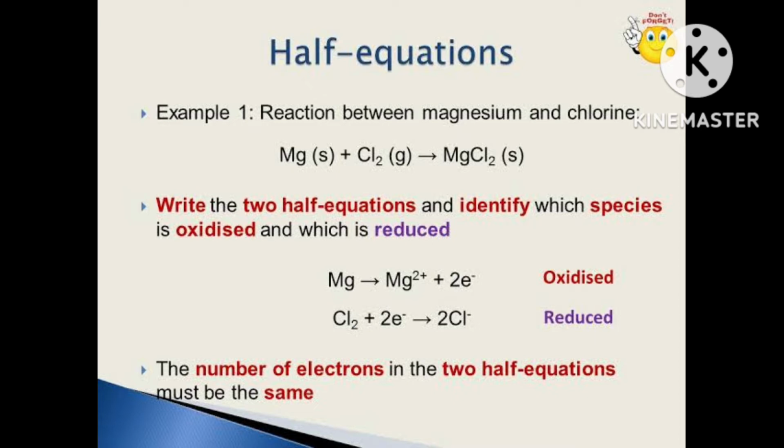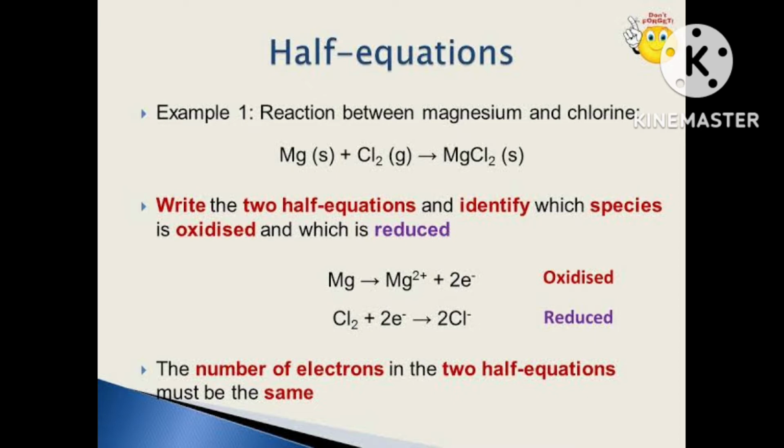If you know this, then suppose one is losing 2 and the other is gaining 3. Then you have to equate them, because electrons should be balanced. When the ratio is 2:3, you have to multiply in the reverse way to equate the electrons. The number of electrons lost and gained should be equal.